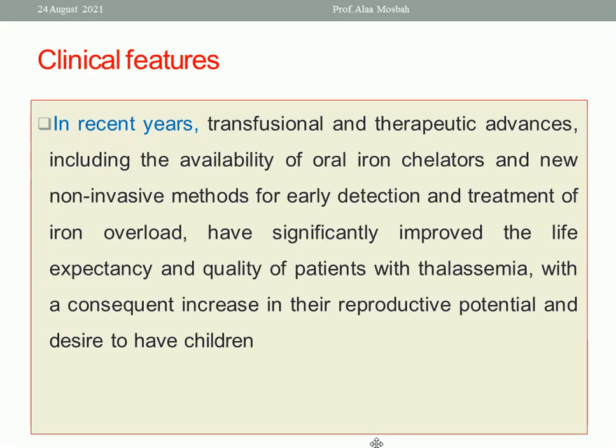So, with the development of blood transfusion and iron chelating agents, drugs like desferrioxamine, the patient has a chance to have a healthy life, and reproductive potential becomes good, and their wish to have children occurs.